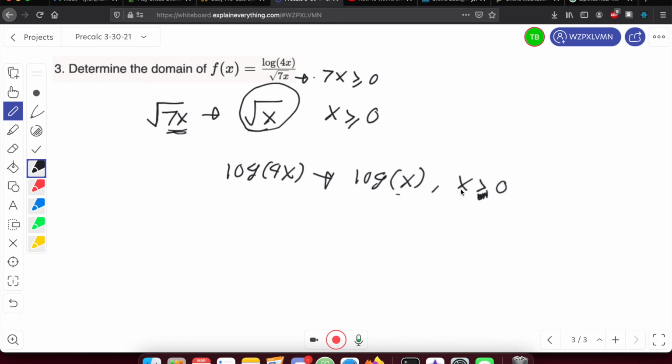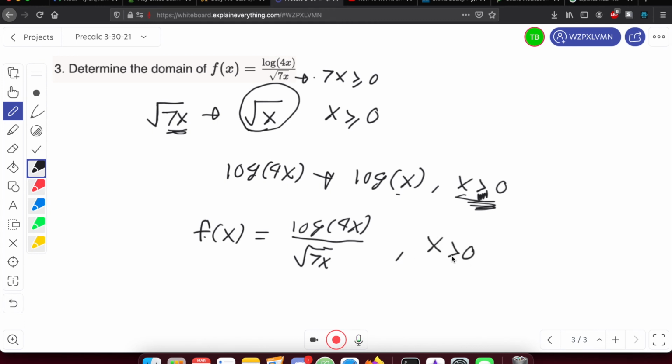So since this is the most restrictive standard we need to meet, we know that f of x, log of 4x over square root of 7x, is defined when x is greater than 0, right?